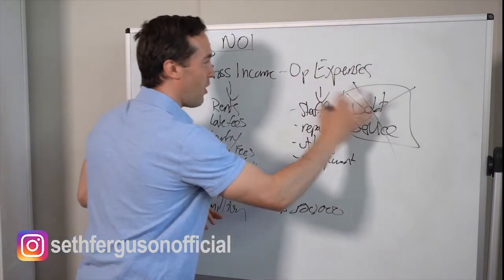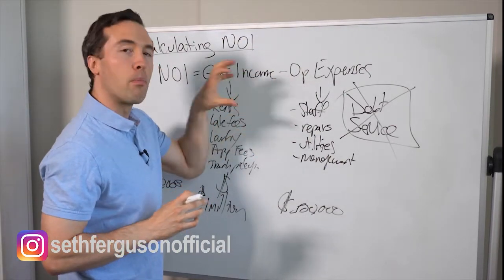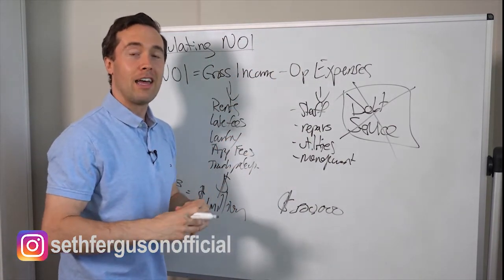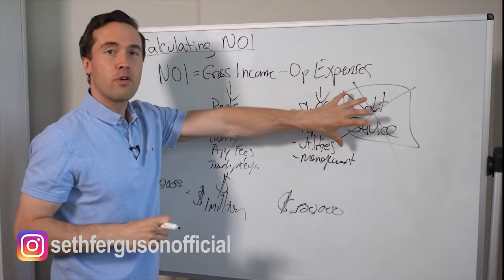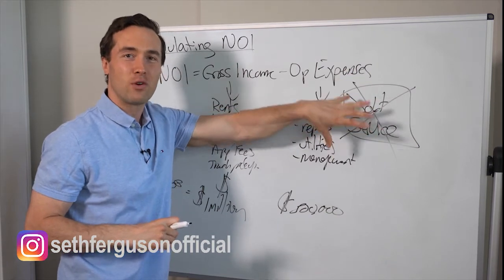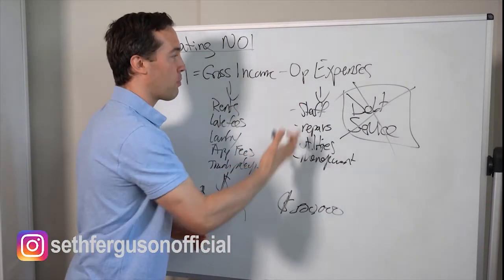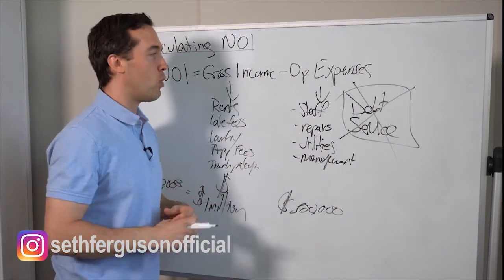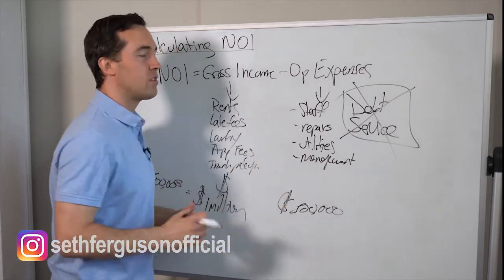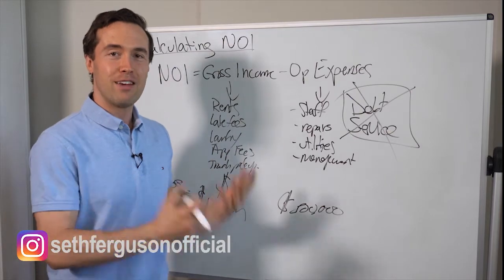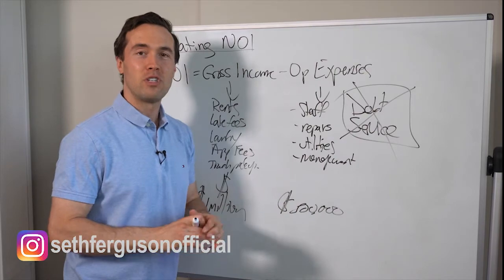But debt service is not included in operating expenses, because an operating expense has to do with the property itself. So what is the property spending to make sure the business runs smoothly? The owner of the property decides what sort of debt they're going to place on the property, and that's going to vary from owner to owner. One owner may choose to acquire property for all cash. One owner may choose to leverage the property up to 50% at one mortgage rate. Another may choose to leverage the property at 75% at a different mortgage rate, and that's going to change the free cash flow after debt service, which is not what we want to do.